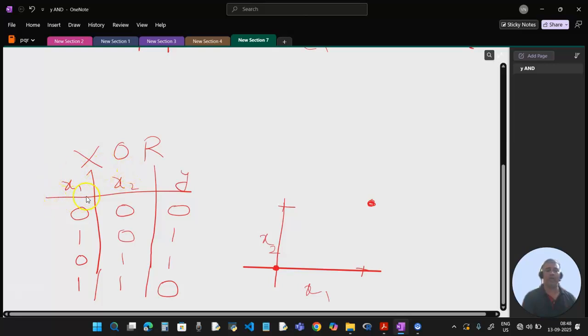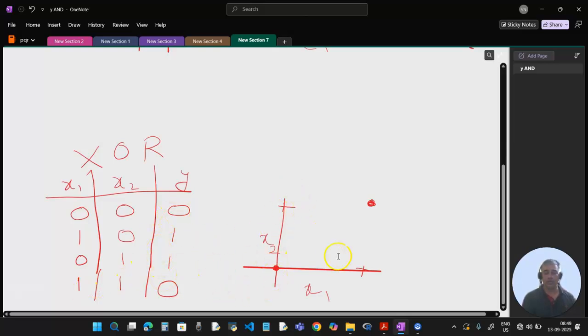Whenever you have an even number of ones, you get 0. Whenever you have an odd number of ones, you get 1. So for 0 0 the output is 0, 0 1 gives 1, 1 0 gives 1, and 1 1 gives 0. Out of 4 data points, 2 data points, 1 0 and 0 1, belong to the positive class, and 0 0 and 1 1 belong to the negative class.